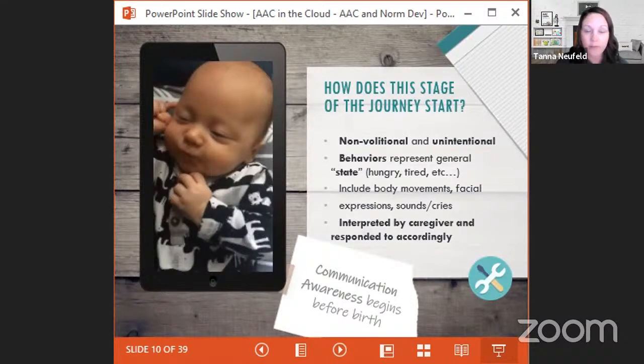We might see a little bit of facial expressions happening. And really what's going on from a communication perspective is the caregiver is taking the full responsibility of watching the baby's behavioral cues and anticipating the baby's needs, right? This should be sounding familiar as to how some of the caregivers you might be working with are supporting their complex communicators who might be at this pre-intentional phase.